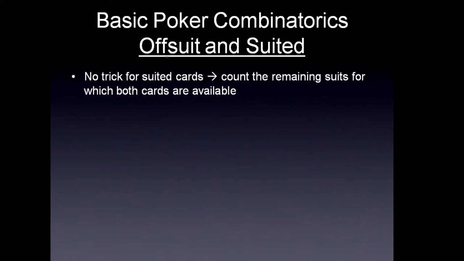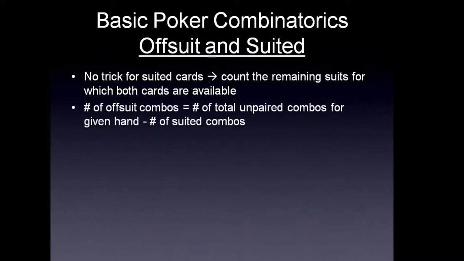So if there's an ace of hearts on the board and a king of hearts on the board, then there are 3 remaining: spade, diamond, club. If there's an ace of hearts on the board and a king of clubs on the board, then there can only be ace-king of spades and ace-king of diamonds. If there's 2 different suits accounted for, then there's 2 remaining. If there's only 1 suit accounted for, then there's 3 remaining. No real trick to it. I think it's basically common sense.